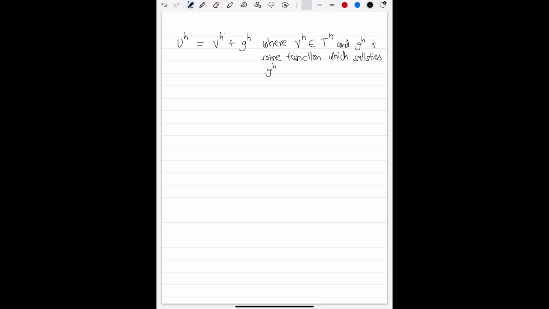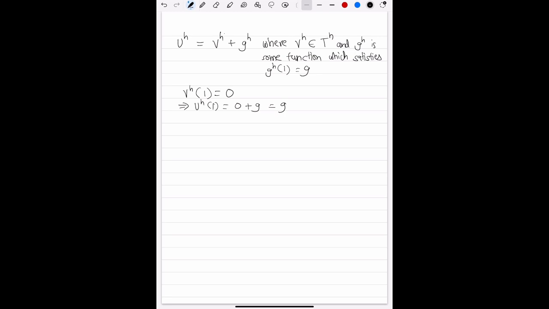That is, gh at x equal to 1 is equal to g. The reason for making this split is that since vh belongs to Th, we know that vh at x equal to 1 by definition has to be equal to 0. And by definition, we have enforced that gh at x equal to 1 is g, which means that uh at x equal to 1 has to be equal to 0 plus g, which is equal to g. So this definition of the approximate solution uh ensures that it also satisfies the Dirichlet boundary condition.